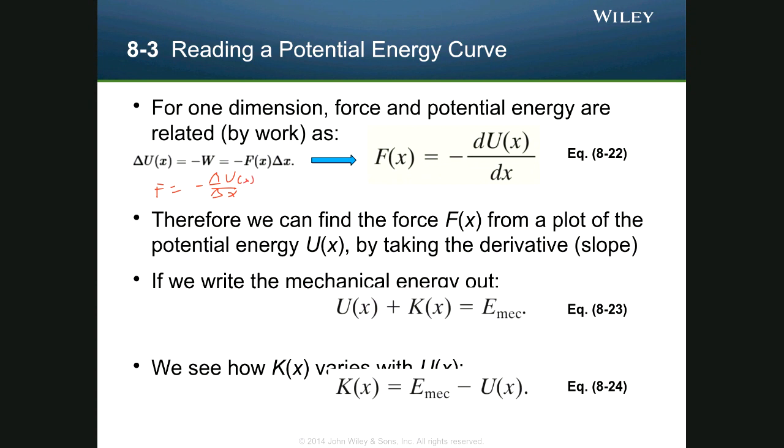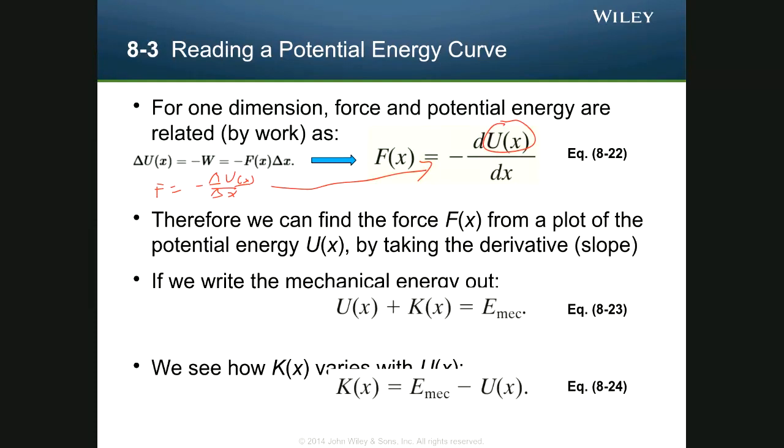Take the limit as delta x approaches 0, and you get the derivative. So all simple calculus. But what we can do though is we can find the force from a plot of the potential energy. So if we actually have u of x, we can find the force by just taking the derivative.